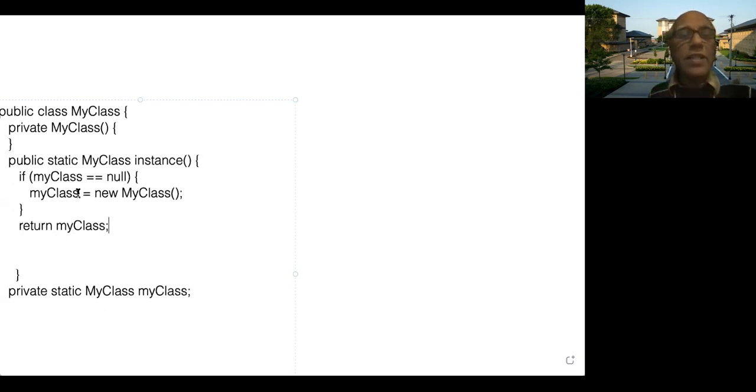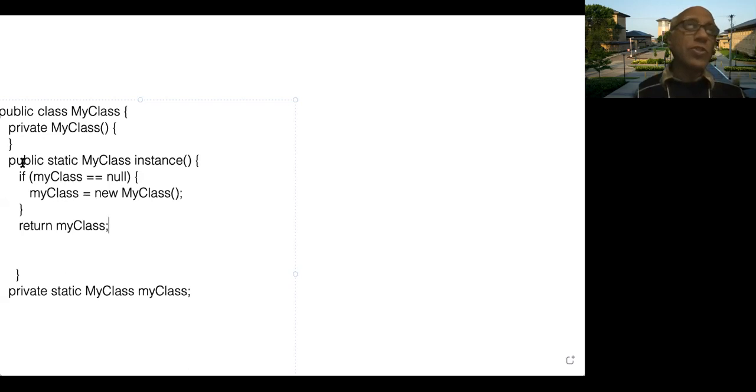And all succeeding calls will have MyClass not equal to null, so it will return the only instance of this class. So that is how this works. Without this method, you cannot really have an instance of MyClass created.